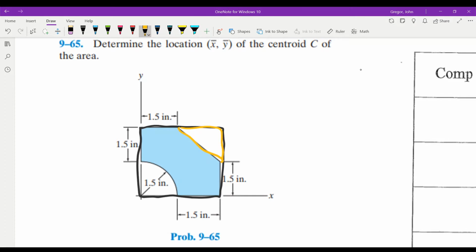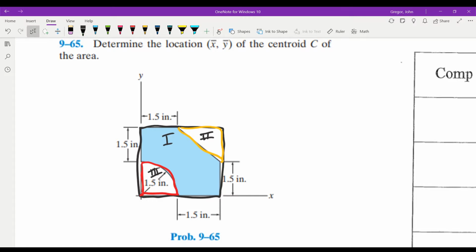It has a cutout over here as a quarter circle, a radius of 1.5 inches. That's actually going to make our problem a lot easier. So this is component 1, this is component 2, this is component 3.